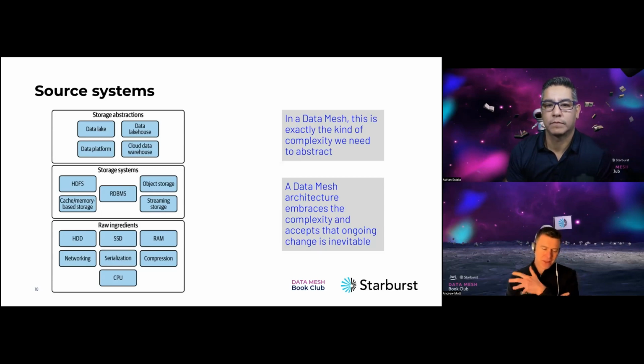I think it's useful to know, but the reality, in my opinion, of a data engineer saying, actually, do you know what? We're going to store a load of data in SSDs. Maybe they will. I think it's more likely that they'll go, we'll be up at one level. We'll be at the storage system level. We might even be up at the data lake or the data platform level.